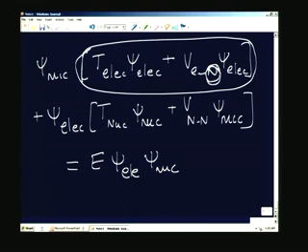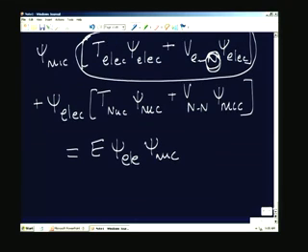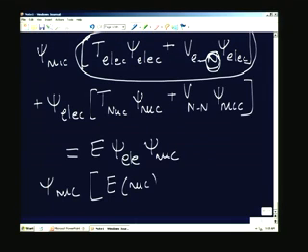Now if you vary the nuclear coordinates to some other values, you will have another equation to solve. You solve this electronic problem for every set of possible nuclear coordinates, and the solution will be the energies for each set of nuclear coordinates. Therefore this equation becomes psi nuclear times an energy which is a function of the nuclear coordinates times psi electronic.